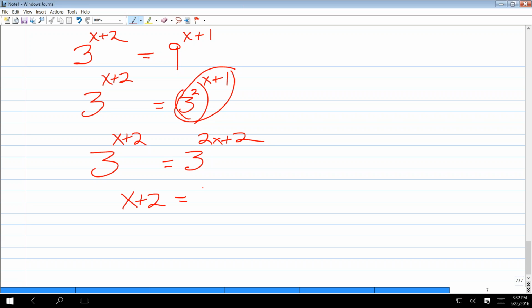The exponents have to be equal. What's that give you for a solution? X equals 0. And let's test it. If I plug in 0, I get 3 squared equals 9 to the first, which is a good solution.